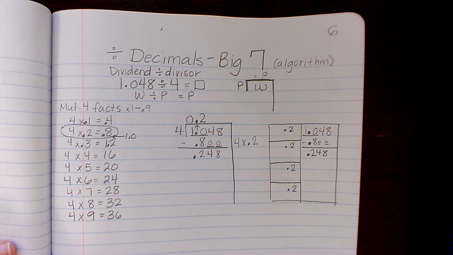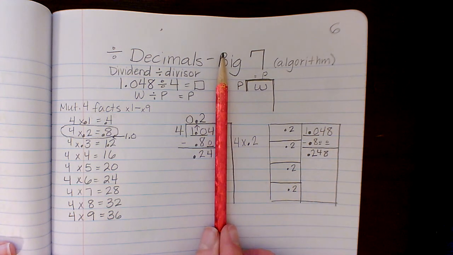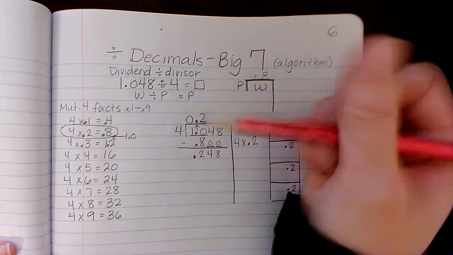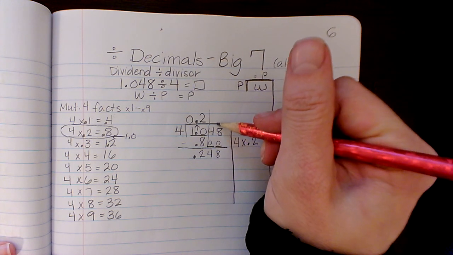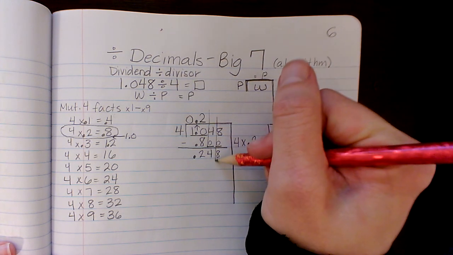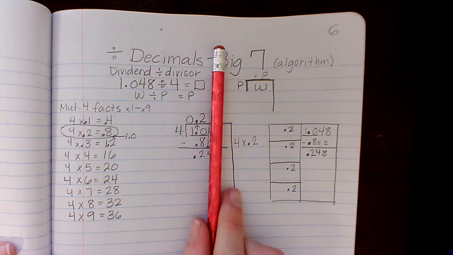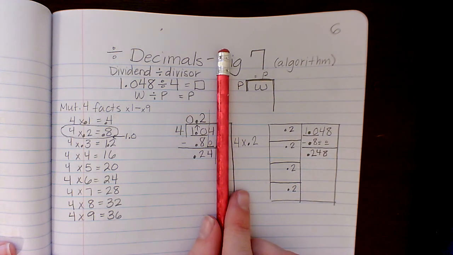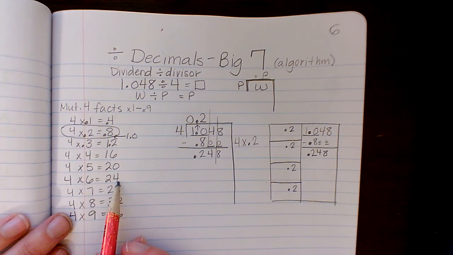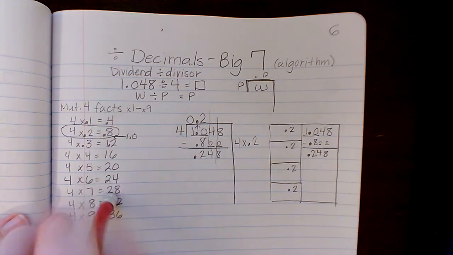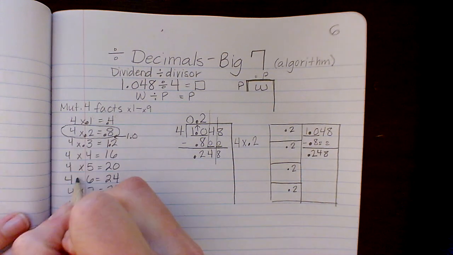So now I'm looking at this value, and I'm just looking at it in the hundredths place value, right? So I already did the tenths place value right here. So now I'm looking at it from the hundredths place value right there. I see 24. So again, I know that 4 times 6 is 24. So if I'm thinking about hundredths, I have 4 times 6 hundredths.